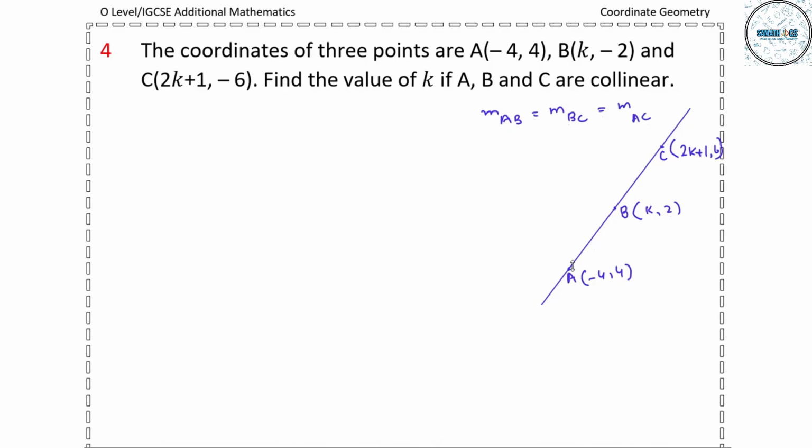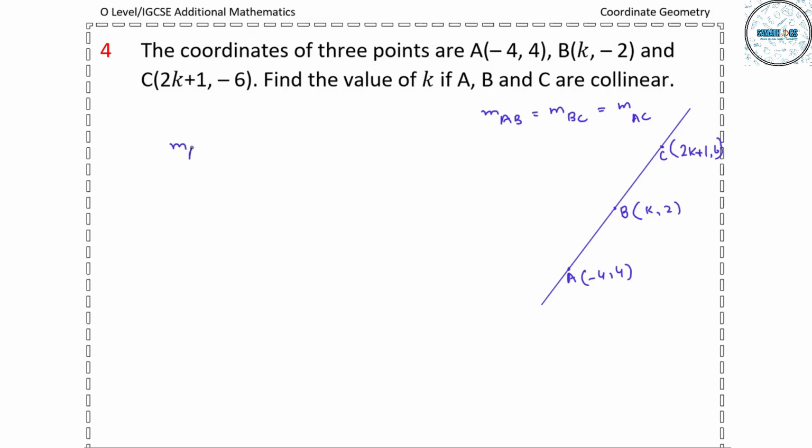These all gradients are same. Whenever there are collinear points, they are lying on the same line, means their gradient is same. To find out the value of k, we have to use gradient of AB is equal to gradient of BC.